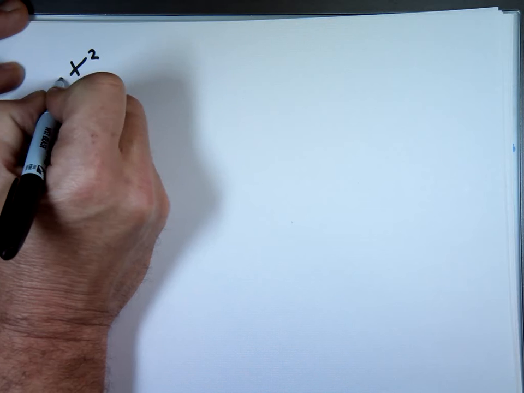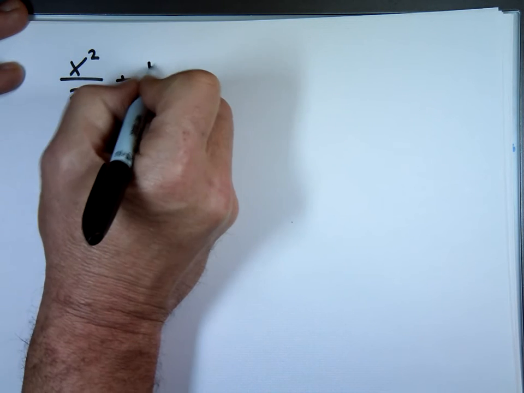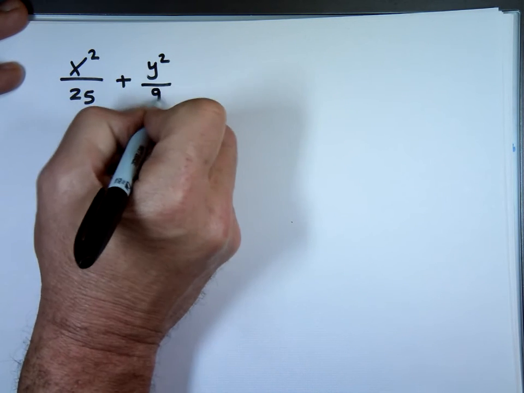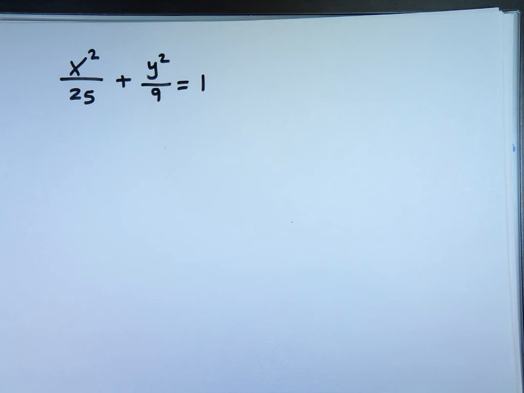X squared over 25 plus y squared over 9 is equal to 1. I forgot to write one more equation, which I'll put in a minute. We need to graph it. Now, by looking at it, can you tell if this is along the x-axis or the y-axis?